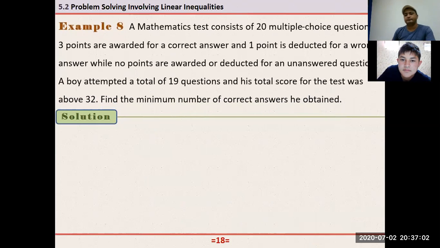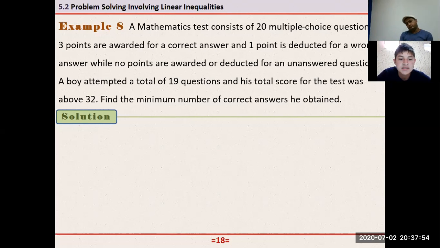Next question. Mathematics test consists of 20 multiple choice questions. 3 points are awarded for a correct answer, and 1 point is deducted for a wrong answer, while no points are awarded or deducted for an unanswered question.